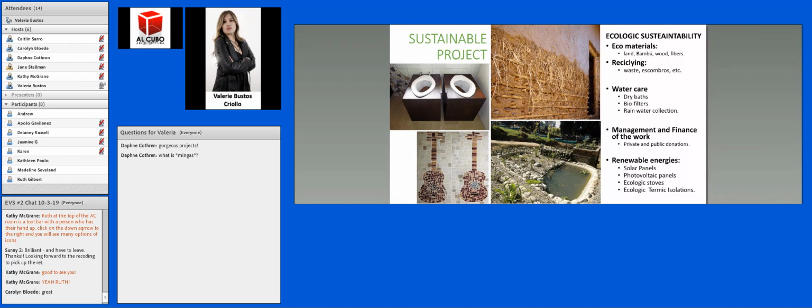With regard to ecological sustainability, we used eco-materials like land, bamboo, wood, natural fibers, recycled waste, escombros, etc. In a sustainability project, water care is important. And we use dry baths, biofilters, rainwater collection, and other systems to care for the water. Management and finance of the work come from private and public donations, and it's important to care for the money.